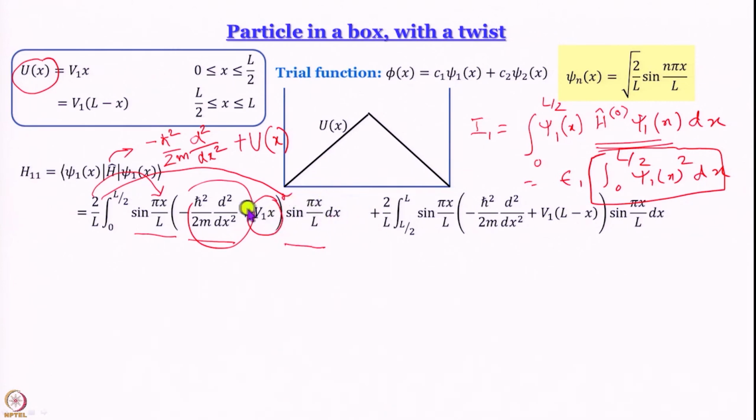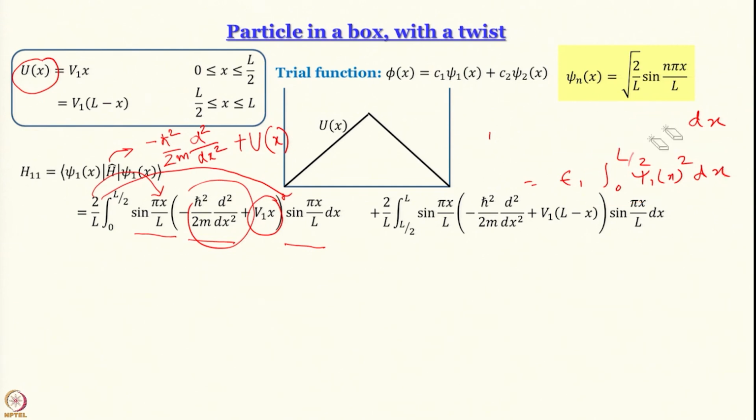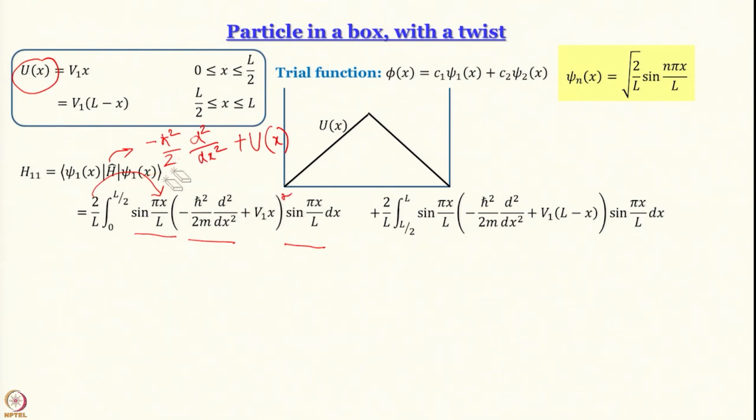The second term arising out of the first part here, V1 will come out and then you will get the integral from 0 to L by 2. I will erase everything and write again.